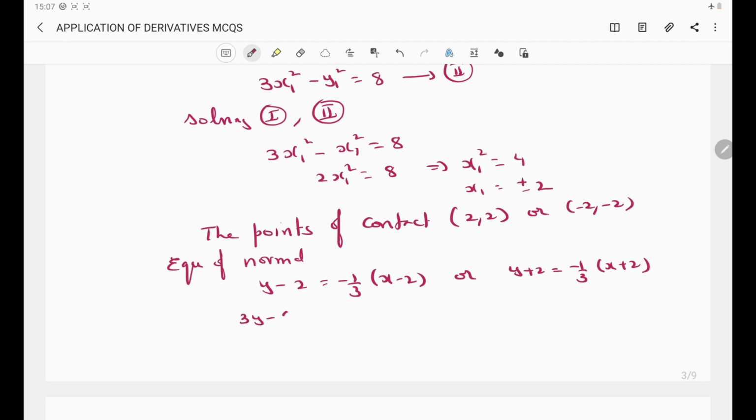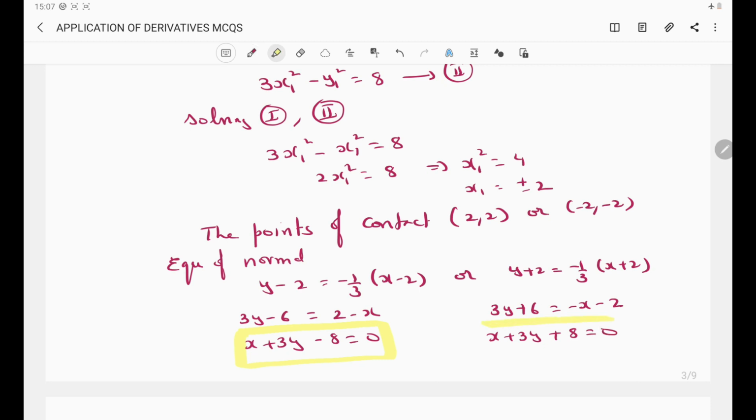We get 3y minus 6 equal to 2 minus x, or x plus 3y minus 8 is equal to 0. So this is one equation of the normal. The other possibility, on simplifying, we get 3y plus 6 equal to minus x minus 2, or x plus 3y plus 8 equal to 0. So this is the other possibility of the normal equation.